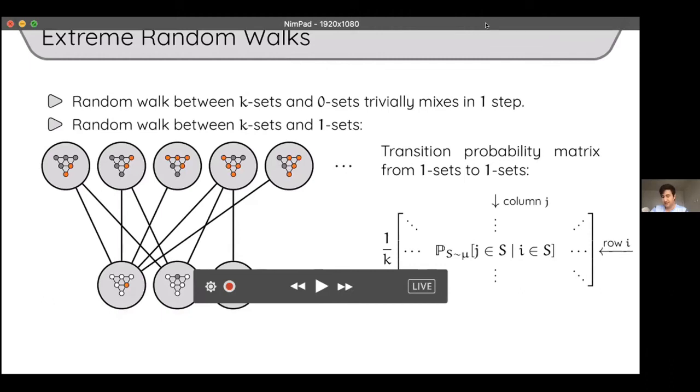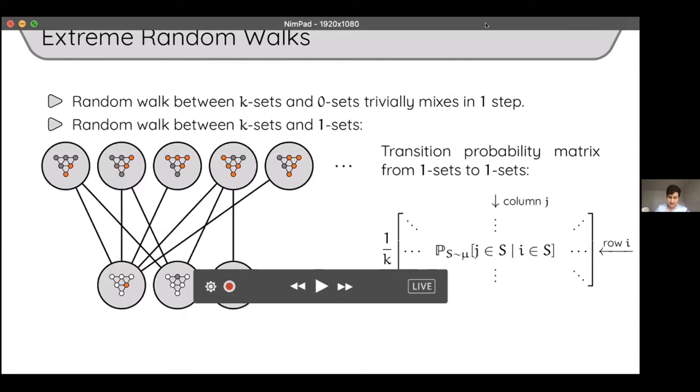Okay, and the reason this random walk is useful analytically is because it's somehow related to the correlations in your distribution. I've been talking about a random walk that moves from k sets to 1 set and then back up to k sets. But you can flip these two steps. Instead, you can move from 1 set first to a k set and then go back down to a 1 set. These two random walks are actually very related to each other.